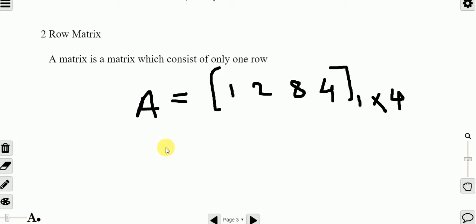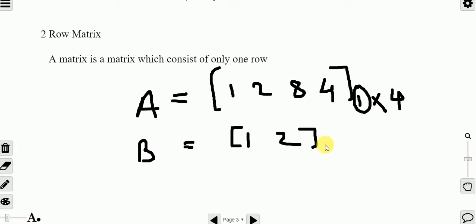So this is a row matrix. For a row matrix, we should have only 1 row. Another example: 1, 2. The number of rows is 1 and the number of columns is 2. Again, there is just one row, so this is a row matrix.